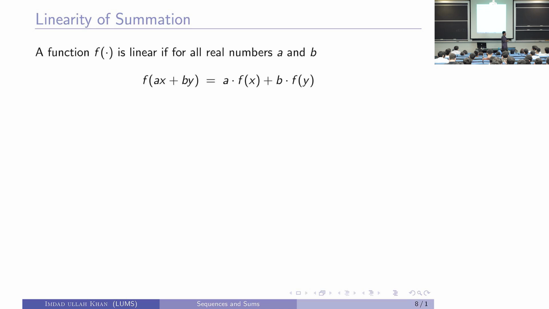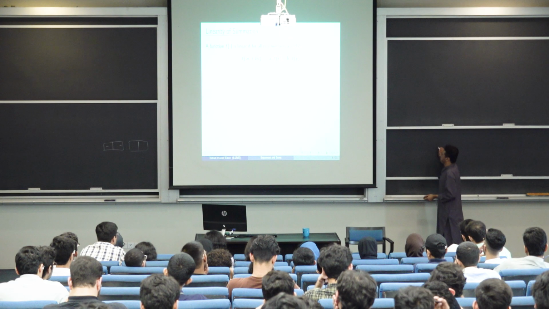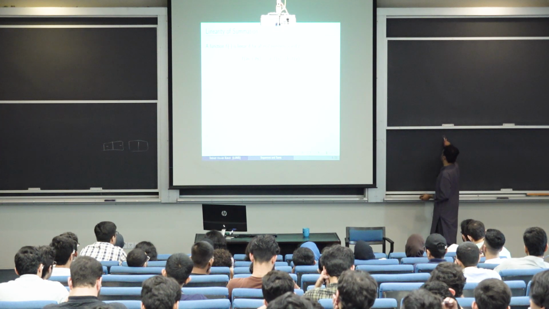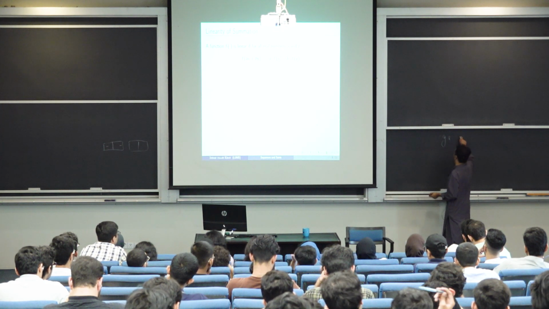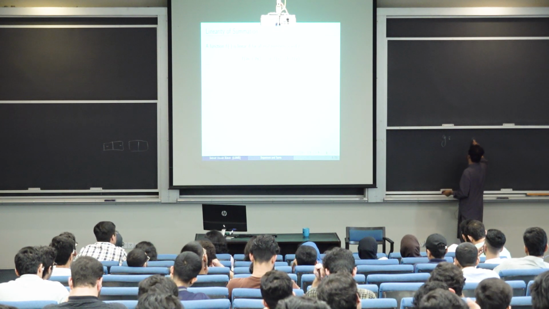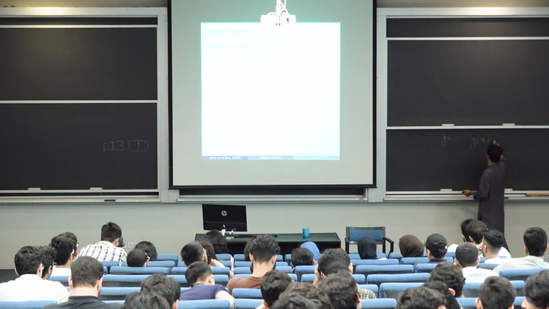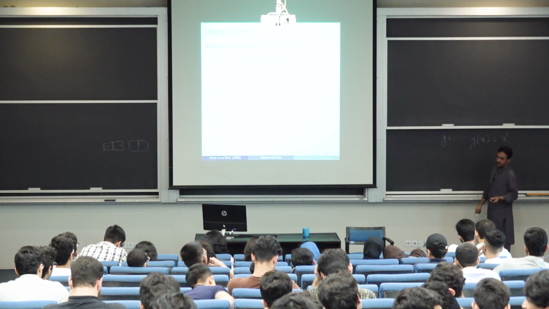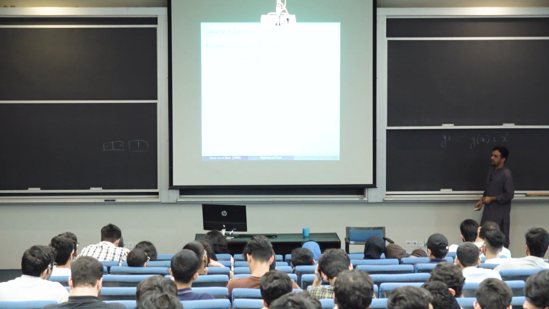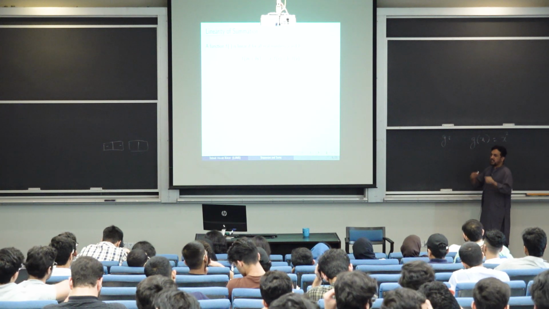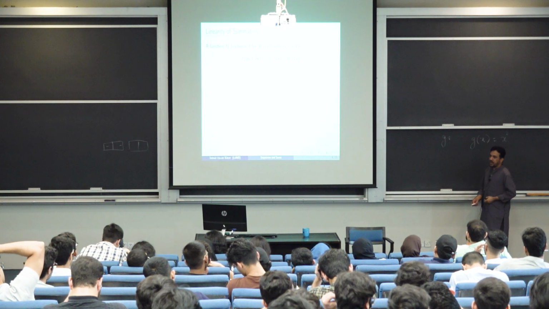The best way to understand this: suppose my function g is defined so that g of x is equal to x squared. Now let's say if instead of a number, I give it a linear combination of 2 numbers.